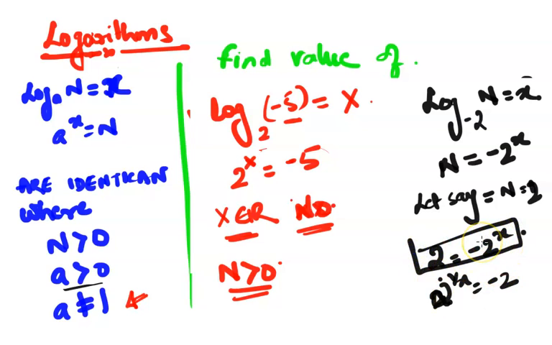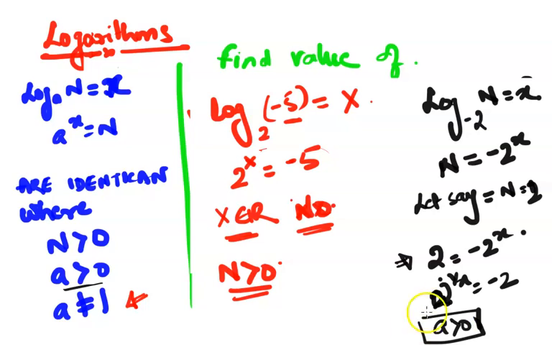Now we know that if I raise minus 2 to the power of x, taking x equal to 1, 2, 3, whatever it is, this is a non-solvable identity. I can't solve this identity, and hence we say a has to be greater than 0, right?